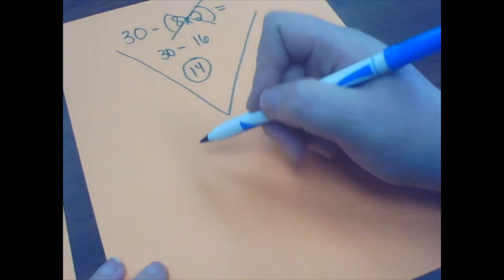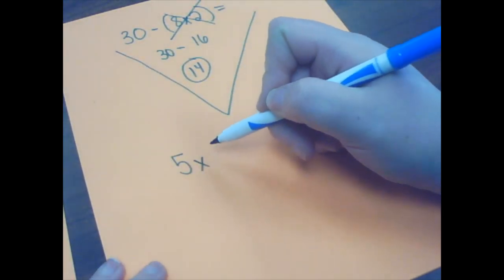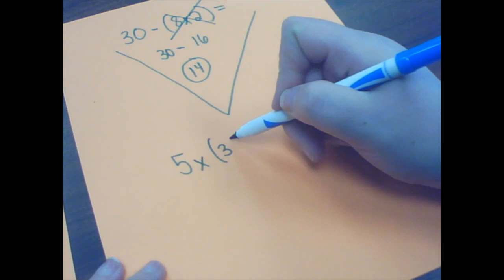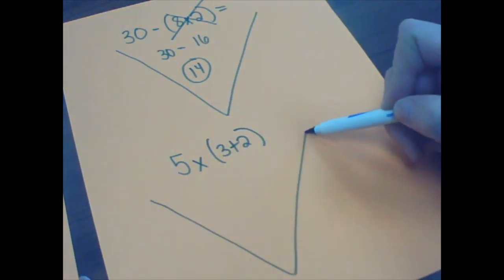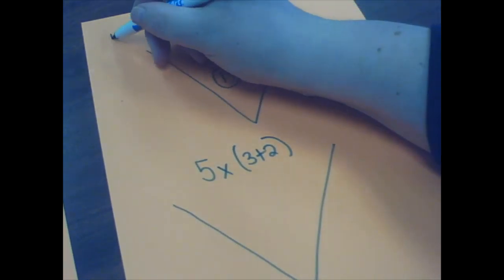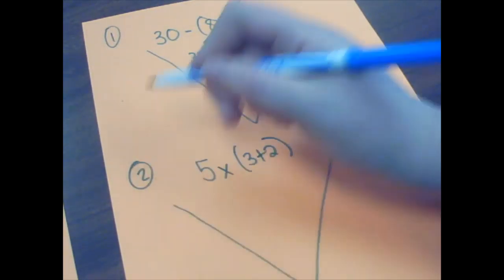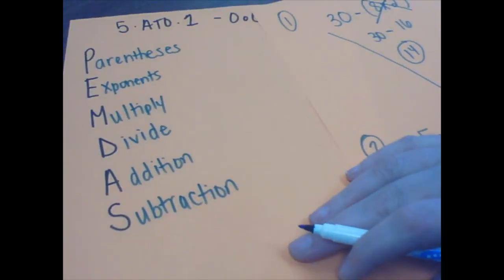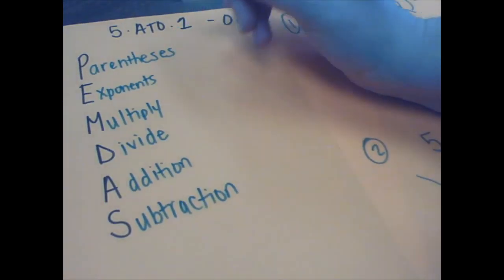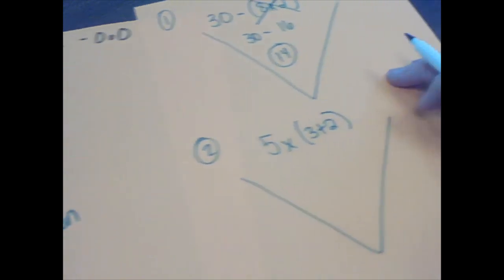The next one, let's do 5 times 3 plus 2. Okay, and I want to make sure I keep my work in my V. So that's like number 1 and number 2. Okay, now let's go back and look at PEMDAS. Parentheses always comes first, and I have some parentheses here.